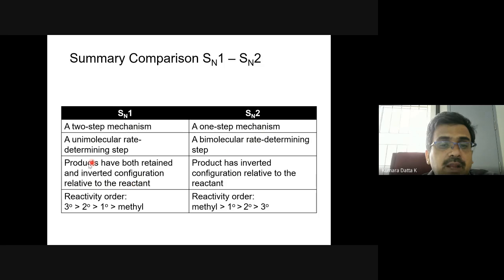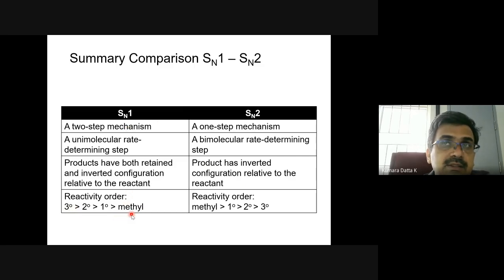Now, from the reactants, you get both inverted as well as retained configurations with respect to the reactants in SN1. In the case of SN2, we get inverted configuration. And reactivity-wise, tertiary is a very good group for SN1.